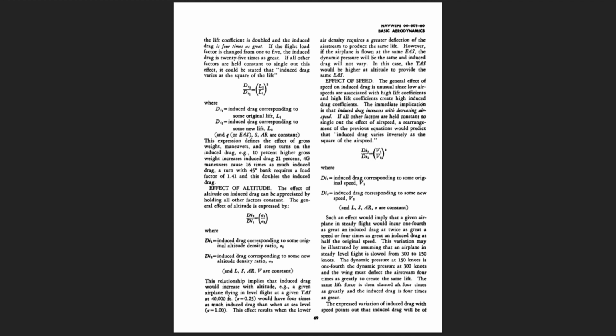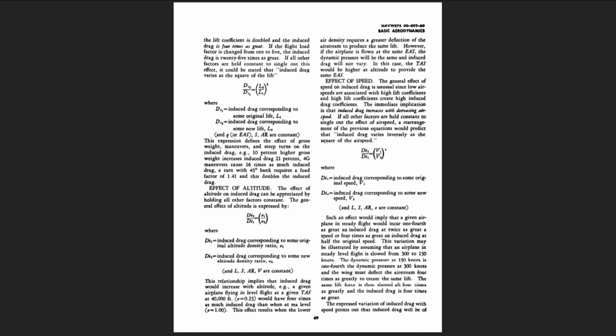This expression defines the effect of gross weight, maneuvers, and steep turns on the induced drag, e.g., 10% higher gross weight increases induced drag 21%, 4 G maneuvers cause 16 times as much induced drag, a turn with 45 degrees of bank requires a load factor of 1.41, and this doubles the induced drag.